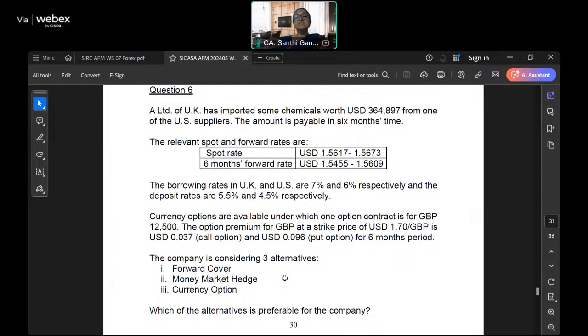Now this is something which leads to some confusion in the minds of students. The best way to understand this is to look at foreign currency as if it is a commodity. Let us say you want to go buy fruits.